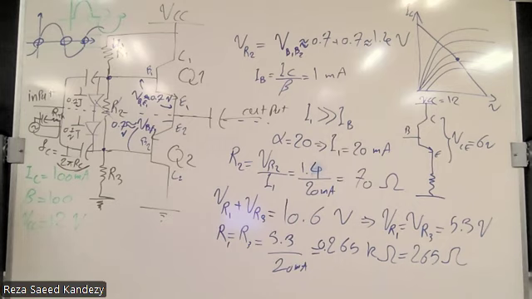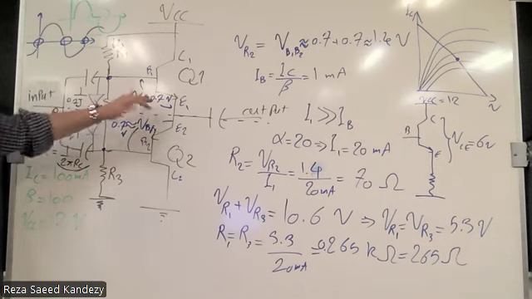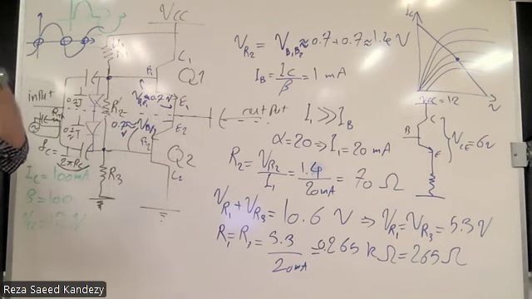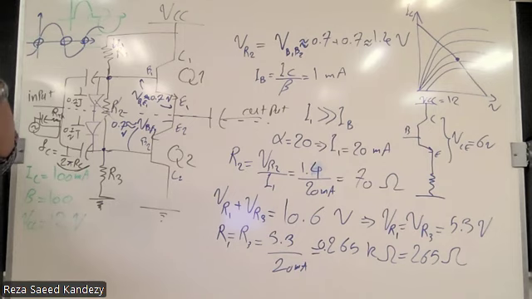There's always enough current for both transistors to be conducting. There is always enough voltage between the base and emitter, so we make sure we are in the active region. We have proper biasing. Any other question?